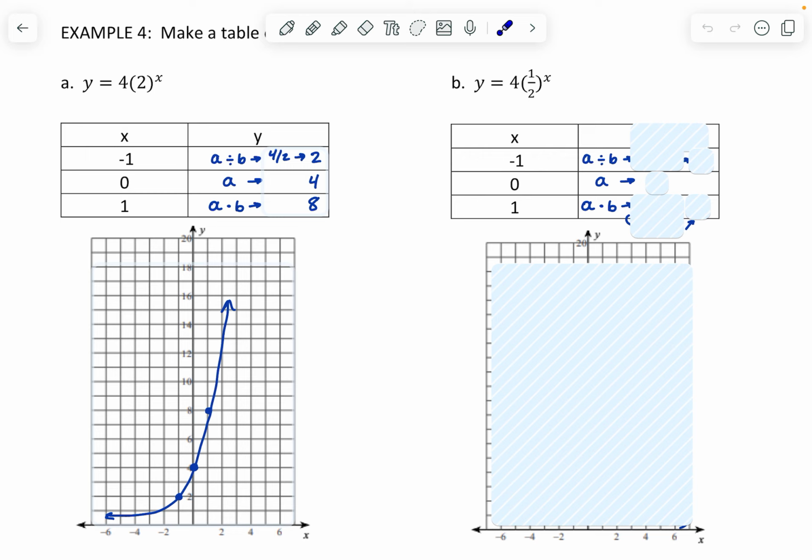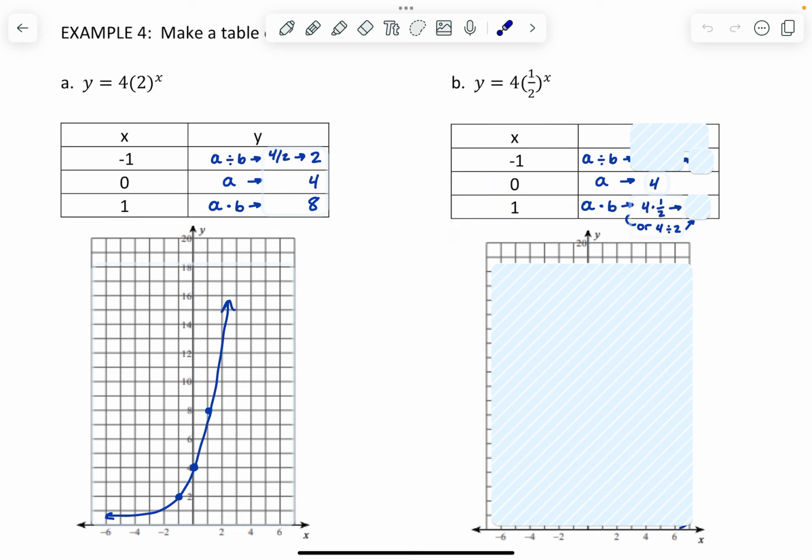And with the next example, it's a bit trickier because your b is less than 1, and it is a fraction. But I know my starting value is 4. I need to multiply by the multiplier, multiply by 1/2. What's the same thing as multiplying by 1/2?